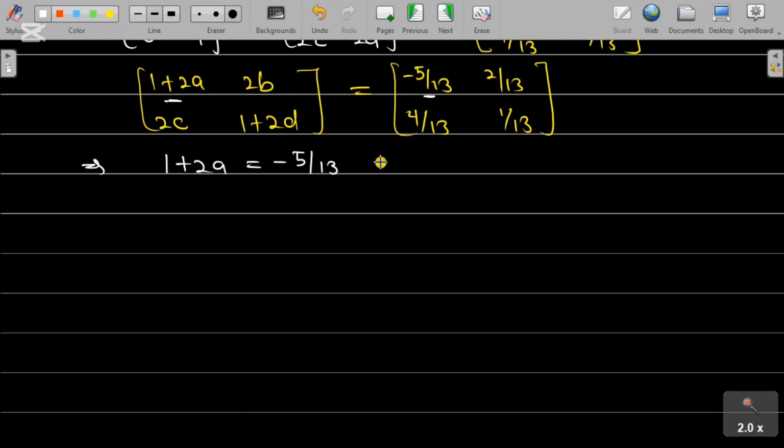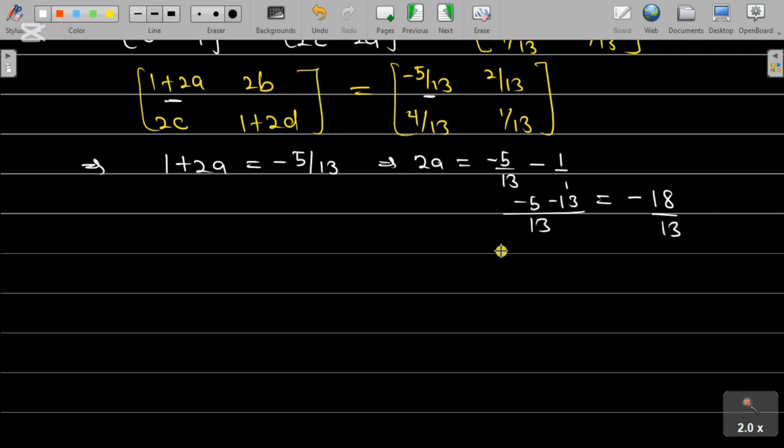Take 1 to this side. So you have 2a alone equal to minus 5 over 13 minus 1. And what's that going to give me? That's minus 5 all over 13 minus 1 over 1. If you take the LCM, you will have 13 here, minus 5, and then minus 13, which will give you minus 18 over 13.